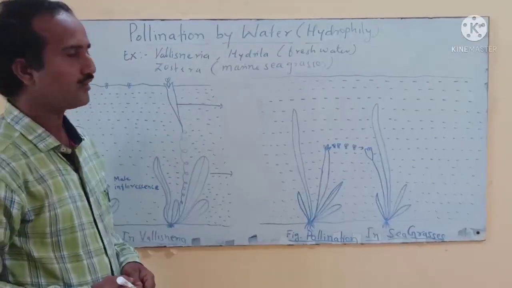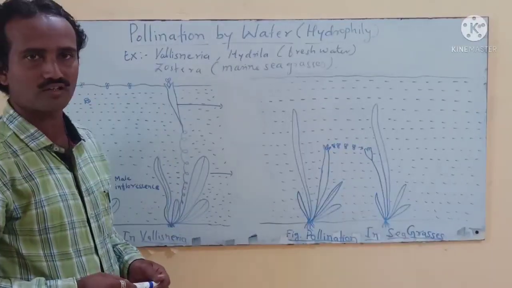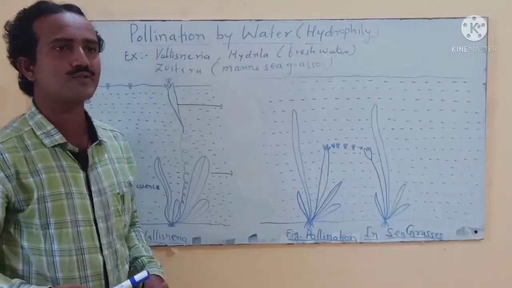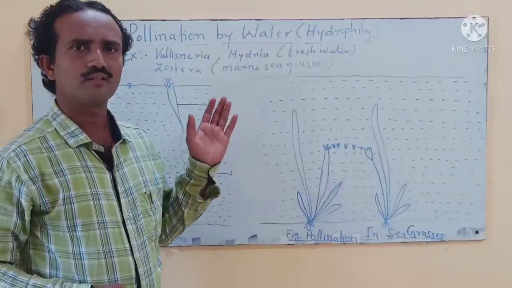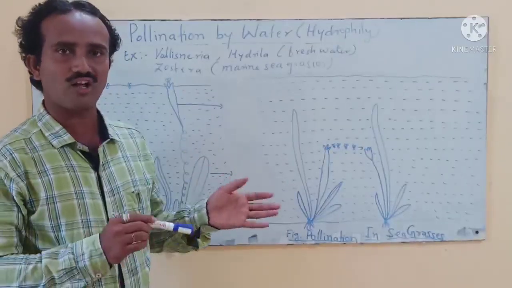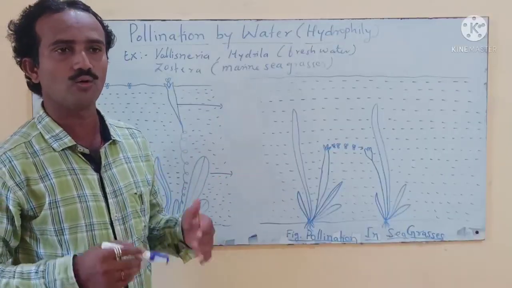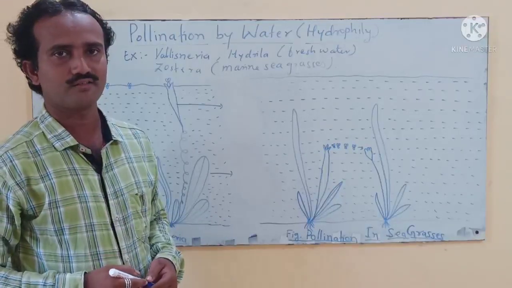Before that, we have to know that water is not only utilized for pollination. Water is also utilized in a different way. In some plants, water is utilized for transport of male gametes in lower plants such as bryophytes and pteridophytes.